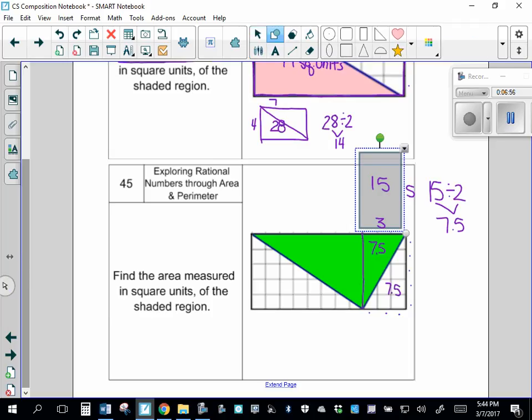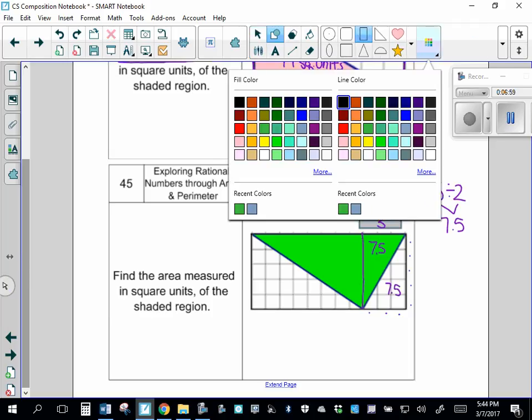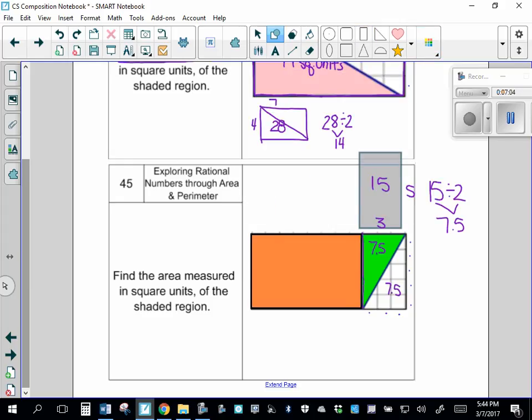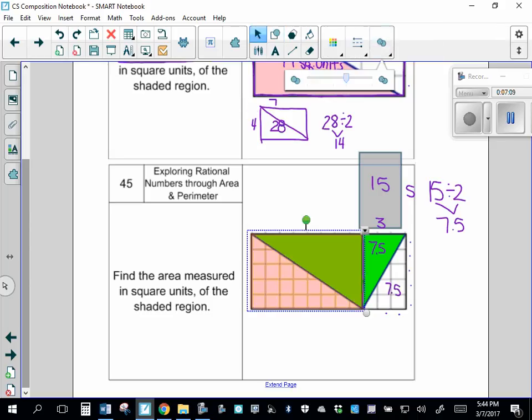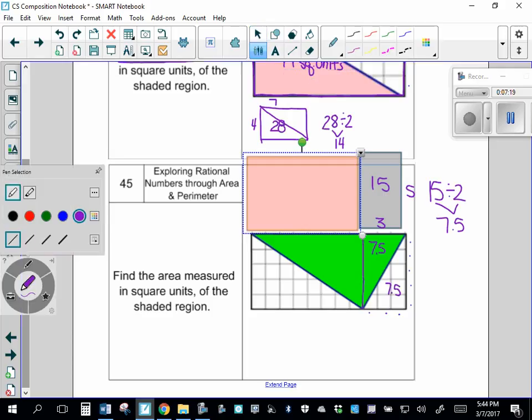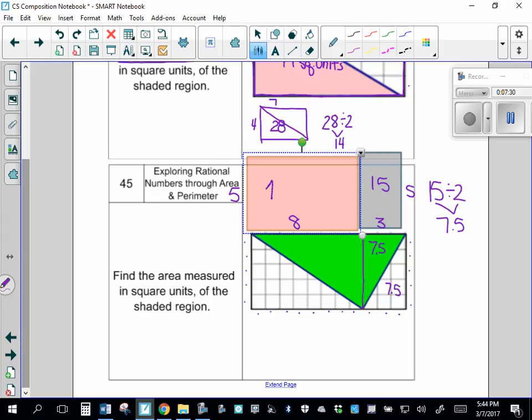Similarly, if I draw another rectangle, different color, right there, that rectangle is 1, 2, 3, 4, 5 units by 1, 2, 3, 4, 5, 6, 7, 8 units. So the area of that rectangle is 40 square units.